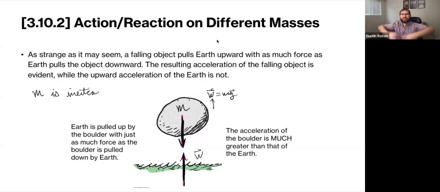It doesn't have a lot of inertia, so it's going to fall fairly easily. If we think about the earth, well, the earth has a huge mass, right? It doesn't want to move. So it's just going to barely move when it's trying to compensate for this force from the boulder.